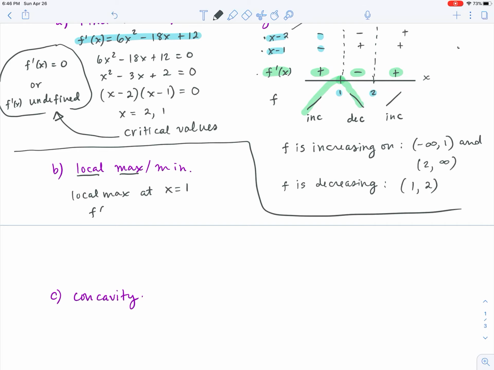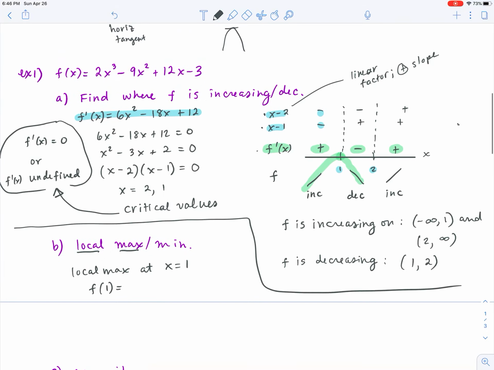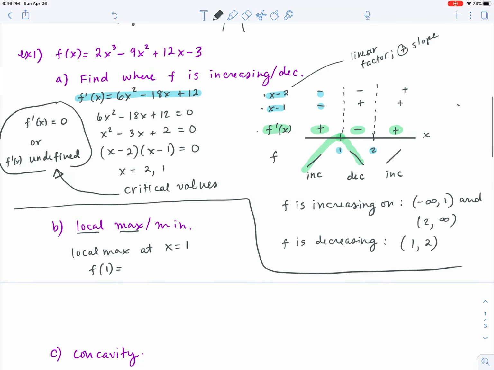And so we need to evaluate f at 1 to figure out what that max is. And if I scroll up a little, that's going to be 2 minus 9 plus 12 minus 3. So that's going to be 2. So local max of 2.